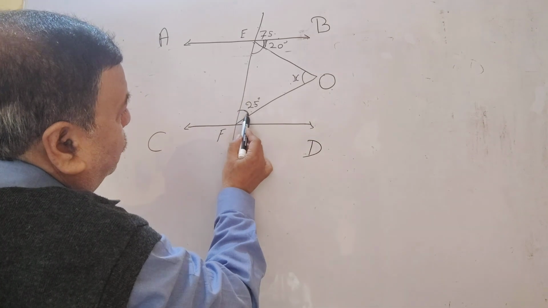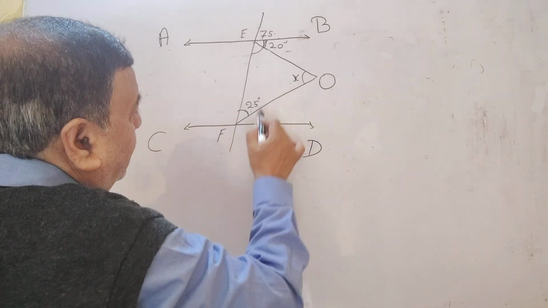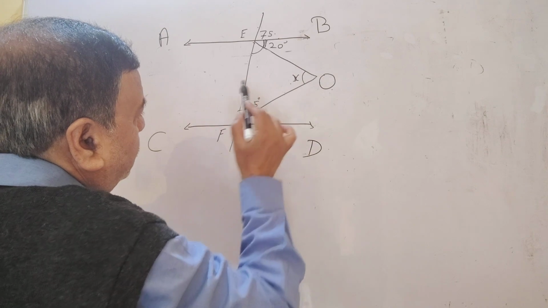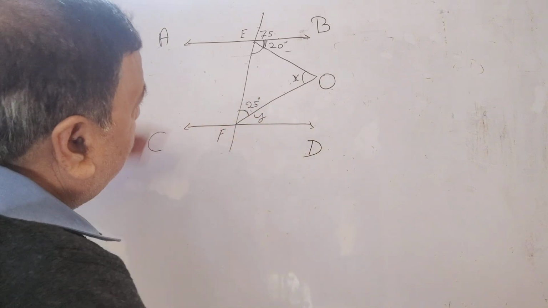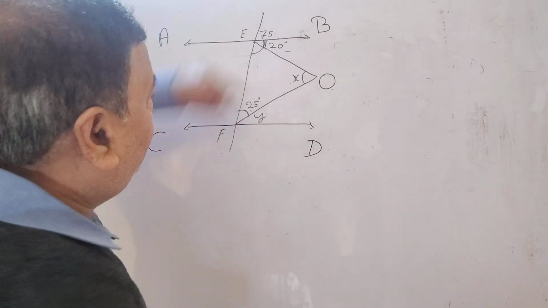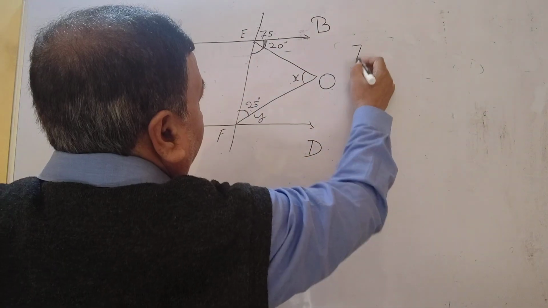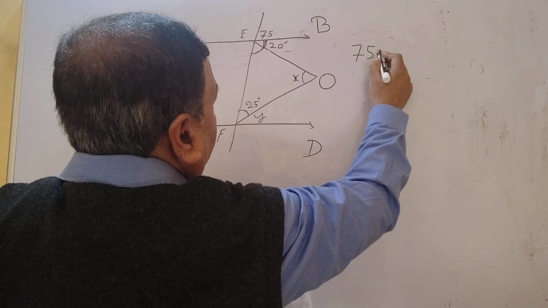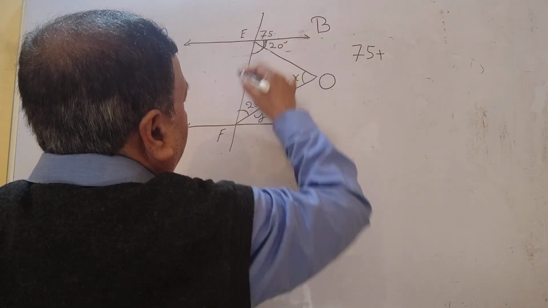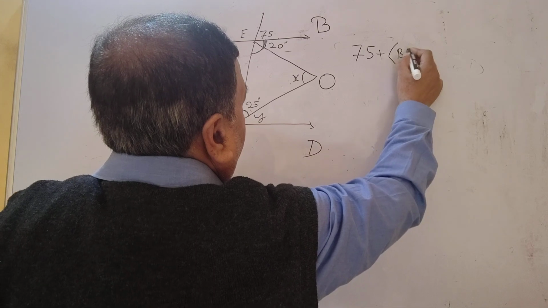This is also 25. You need to find out this x, and you have to find out this one as well. Now how to find? It's very easy. See, 75 plus this whole angle. So I'm talking about 75 plus angle BEF.